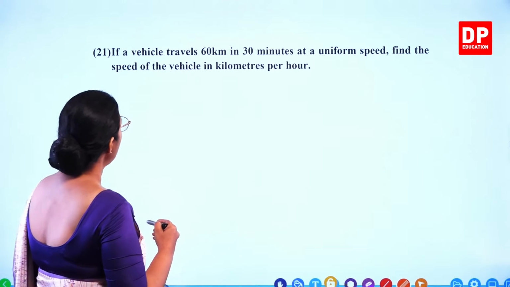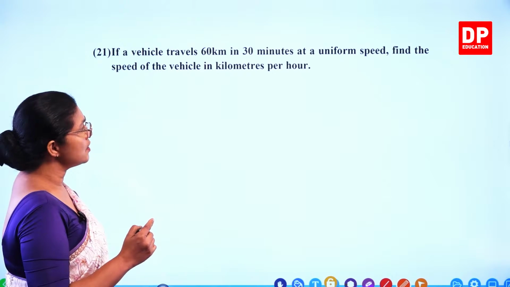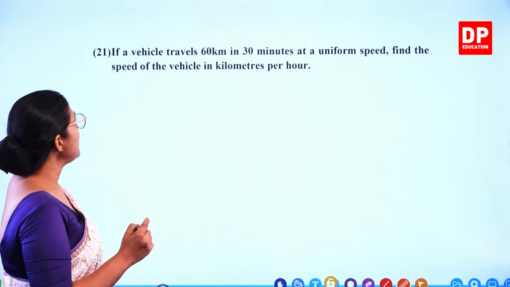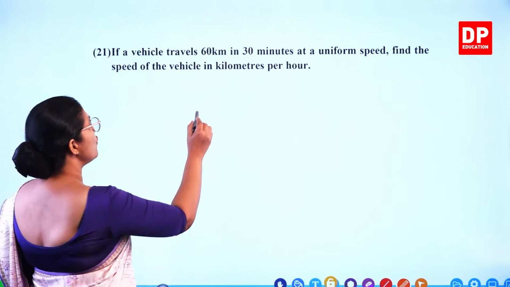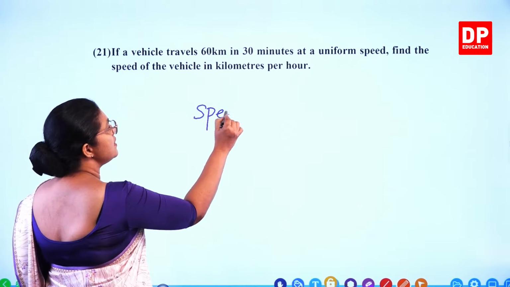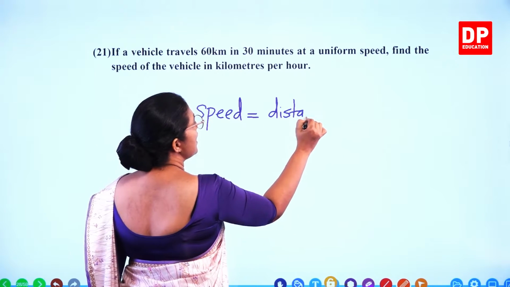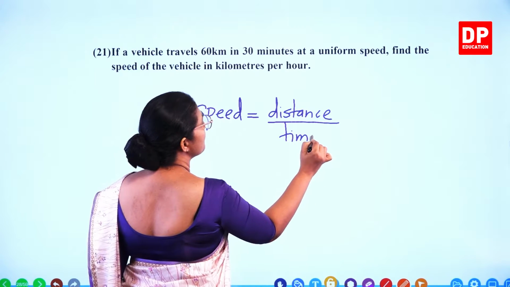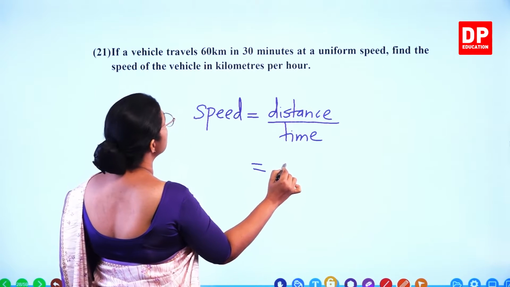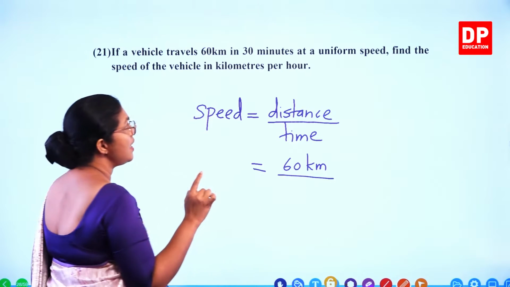Question number 21. If a vehicle travels 60 kilometers in 30 minutes at a uniform speed, find the speed of the vehicle in kilometers per hour. So how do you find out the speed? The distance divided by the time taken. Distance is 60 kilometers, but the time is given in minutes.